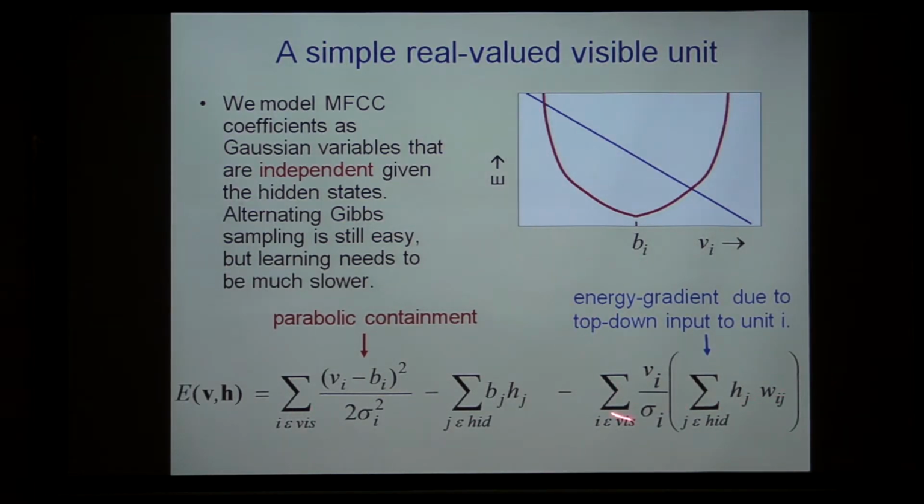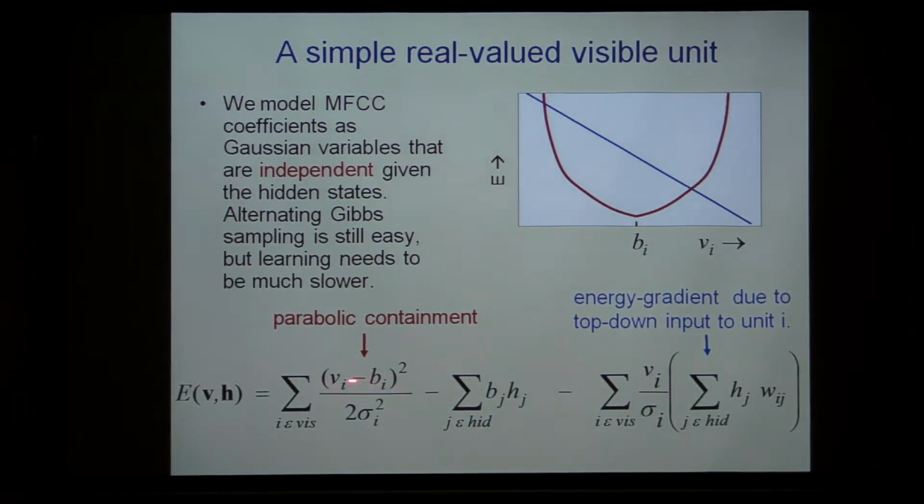This is the term we had before, which is visible times hidden times weight, but we're scaling the activity of the visible units by their standard deviation. And for everything I'm going to talk about today, we just set that equal to 1, which is a silly value, but it works fine. That's just the biases of the hidden units. And then for the visible units, we add this extra term, which says visible units would like to be near their mean value, this bias value.